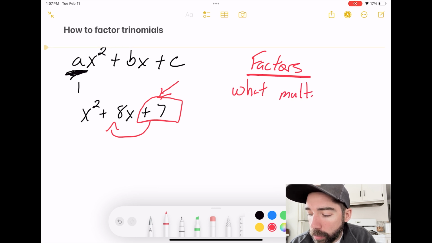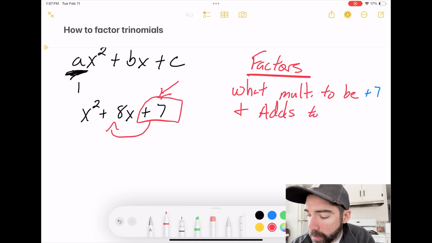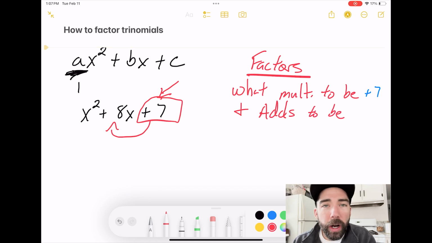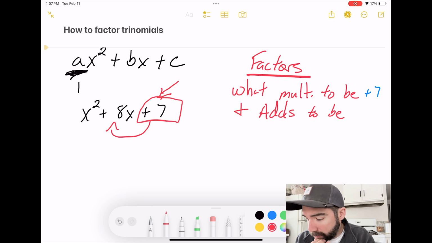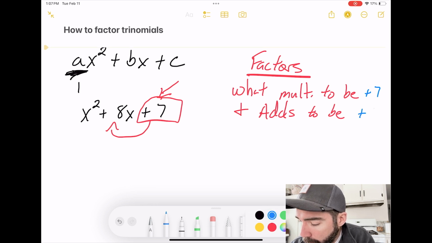What multiplies to be, and I'll do it in a different color so we know, positive 7, and adds to be, or combines to be, because if it's two negatives it could be the same idea, right? Or negative and a positive. What combines to be, when we add them together, in this case, positive 8.